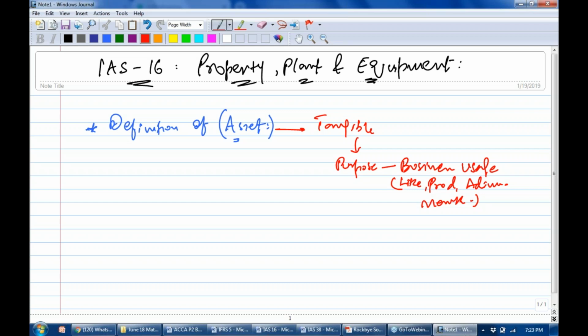The particular purpose is business: production, admin, marketing, technology, etc. And its future economic benefit is expected for more than a year. So we will normally consider this asset as a non-current asset, property, plant and equipment.